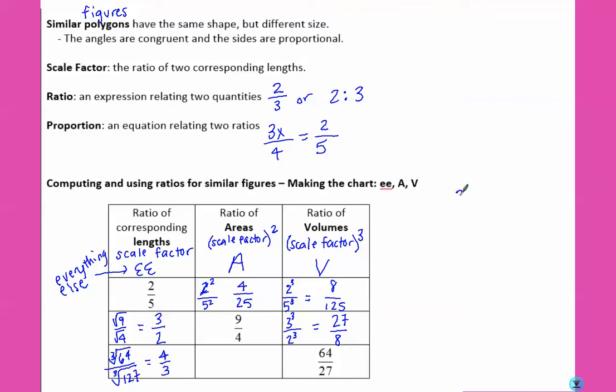On your calculator, if you need the cube root button, you push math, and then it's number 4. Now that we have the scale factor, we can square them to get the ratio of areas. This chart is going to help us with almost all the problems we're doing today.